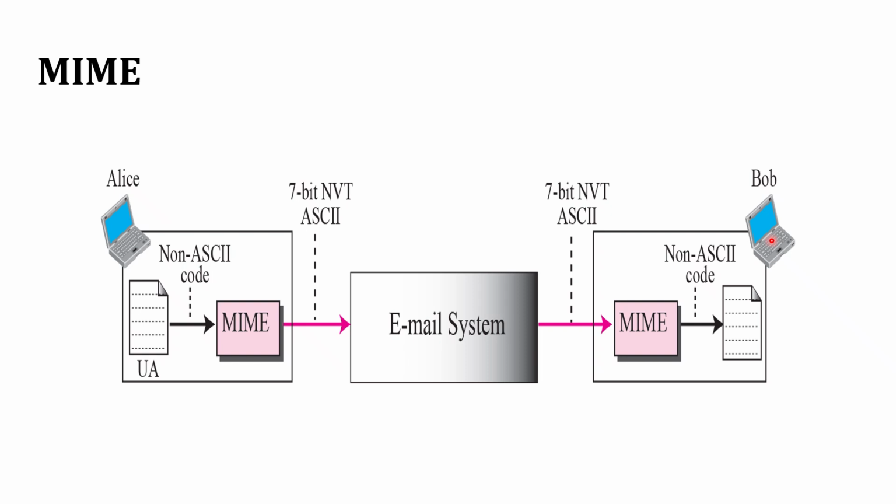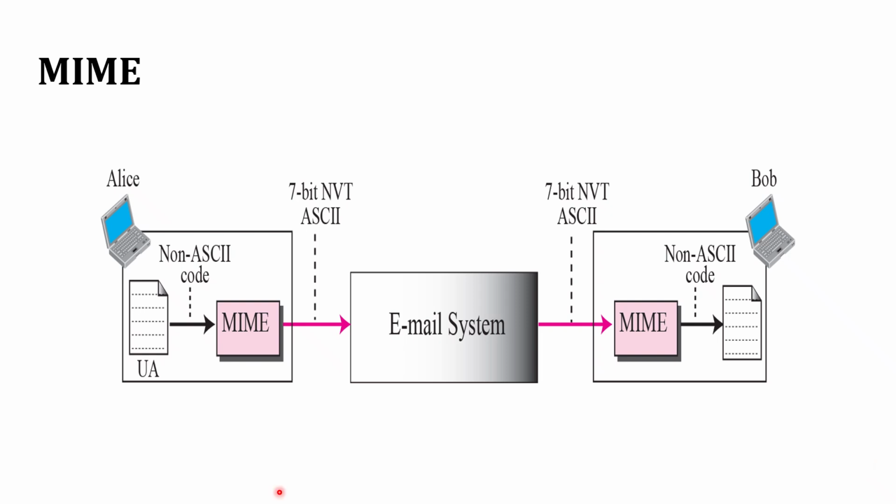To overcome this, the Multipurpose Internet Mail Extensions, MIME, protocol is used. MIME enables the transmission of non-ASCII data through email by converting it into a format compatible with standard email systems. Here is how it works.